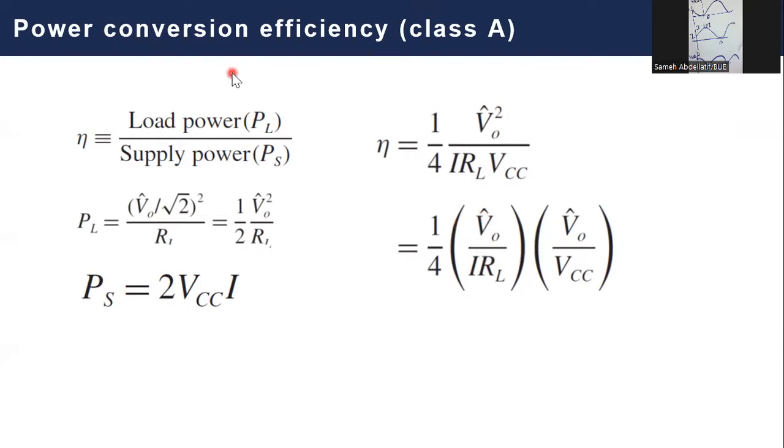Only 25% of the power you deliver using your DC supplies is converted to the load, and 75% of the power is consumed in the transistors. That is considered the main disadvantage of this output stage, class A power amplifiers.